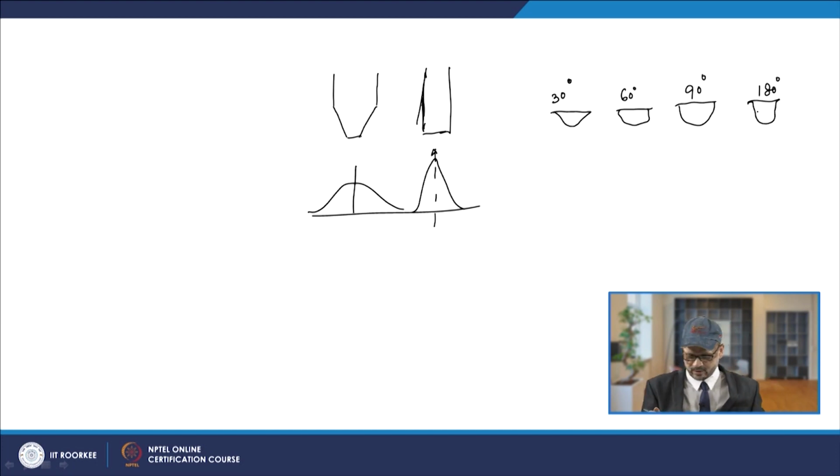So, basically this is the effect of the electrode tip geometry on the shape of the gas tungsten arc welds. This way, the power density distribution is a very important parameter in the case of welding.